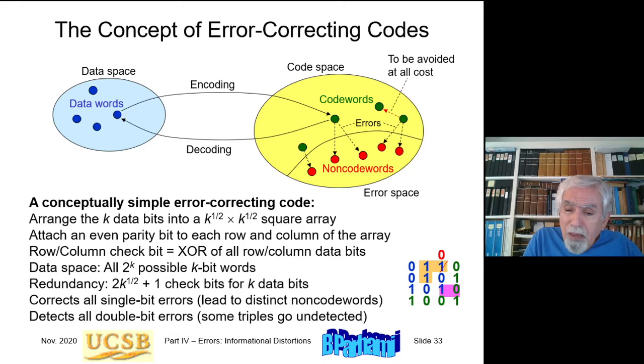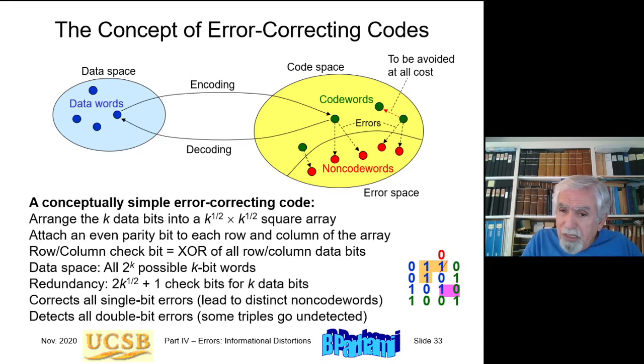Okay, let's see what happens if you have 2 erroneous bits, like these 2 bits highlighted in purple. If these 2 bits are in error, let's say this one changes to 0 and this 0 changes to 1, then the parity bit for this row will not be violated. But the parity bits for these 2 columns will be violated.